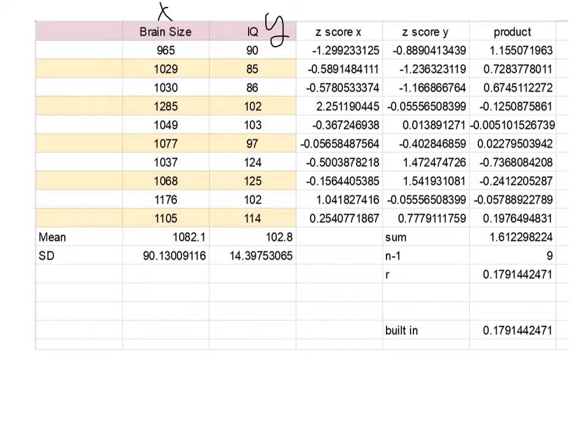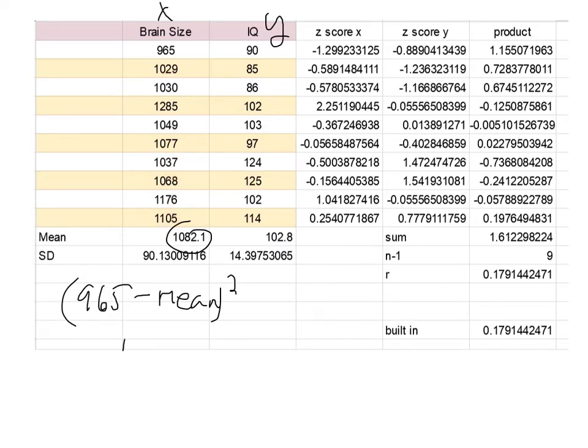So remember how to find the mean: add up the numbers, divide by how many you have. I think there's 10 in this case. To get the standard deviation, well, you certainly don't want to go back and do all this by hand. But what I would have to do for the brain size is take the 965 minus the mean, that 1082, then square it, and do that for each of these numbers.